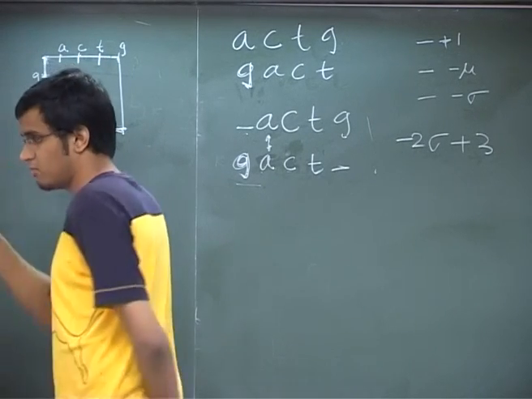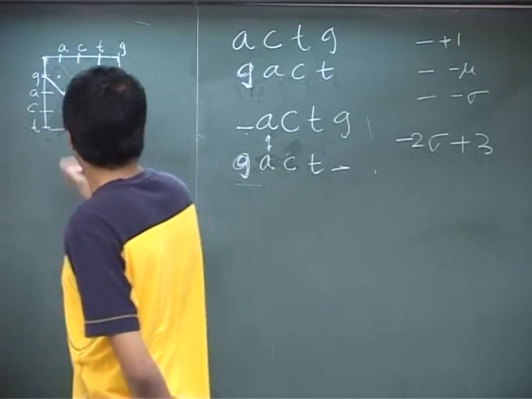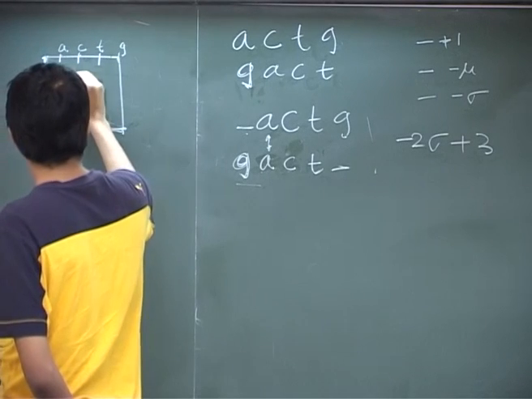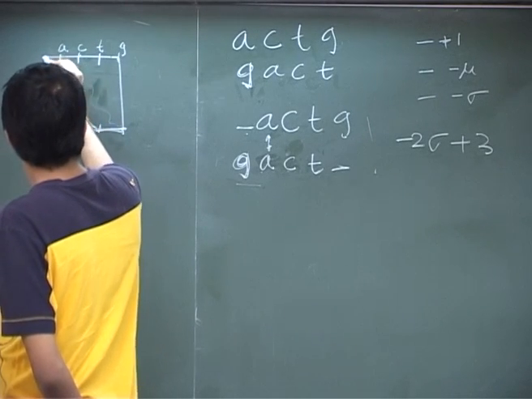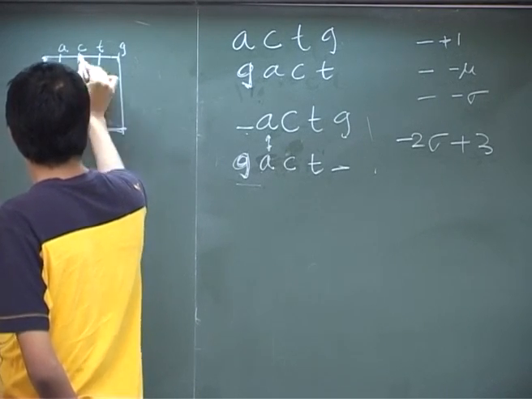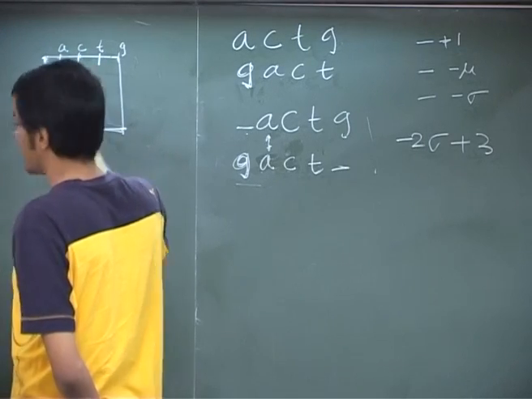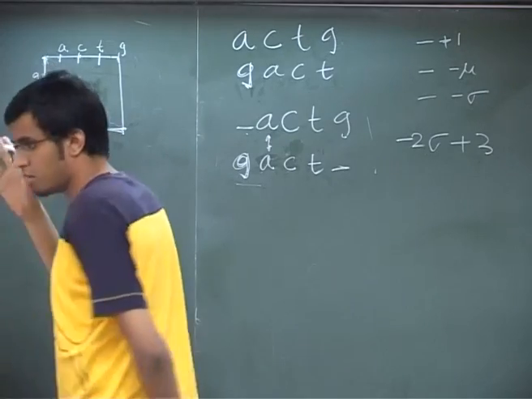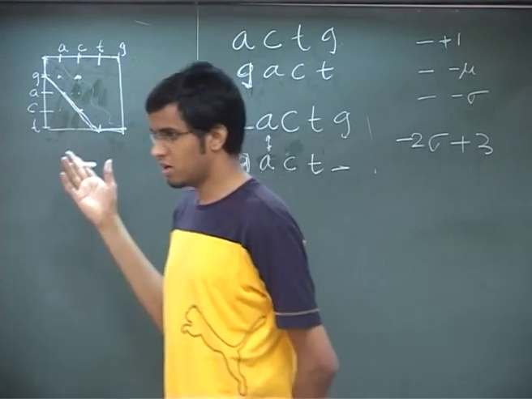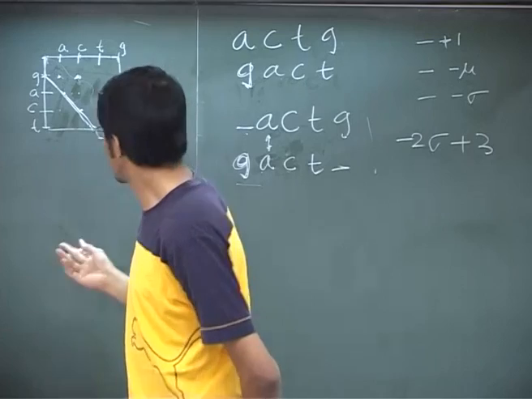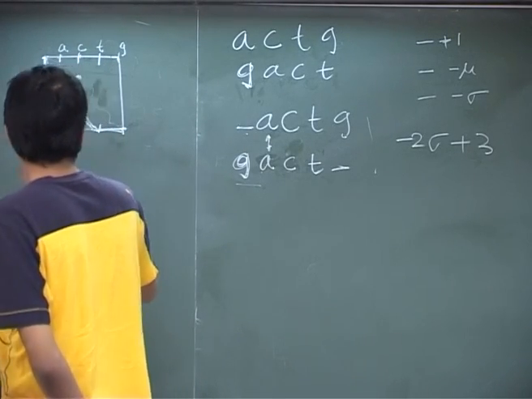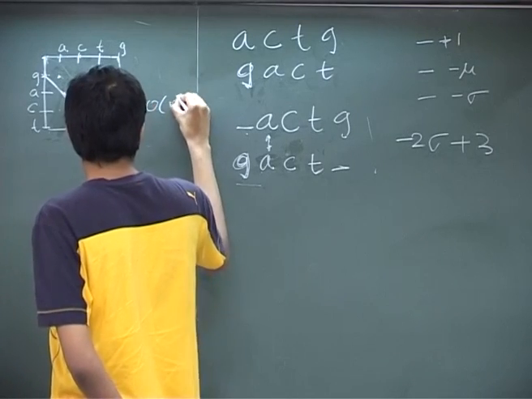There are only 3 ways of entering the position, and if I know the best way till here and till here, I can easily compute the best way till here. So I have the overlapping subproblem structure and also the optimal substructure. So the dynamic programming approach is applicable here, and I can do it in order n squared time.